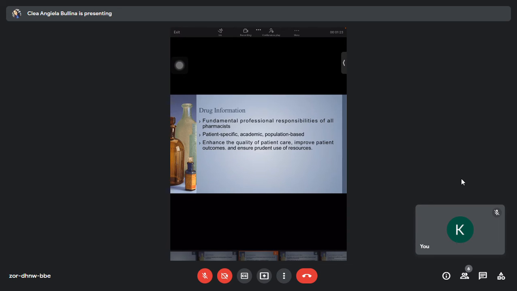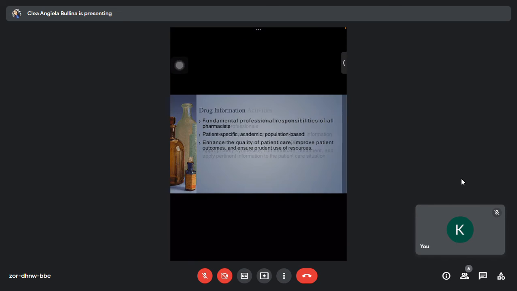And lastly, to ensure that there is a prudent use of resources. Aside from the goals, we also have the primary focus of our drug information, which is to describe the contemporary drug information activities, including the application of a systematic approach, which we are going to discuss on the next slide.